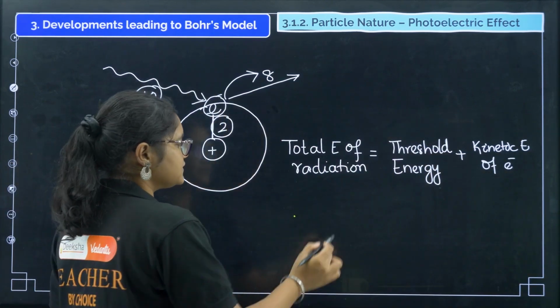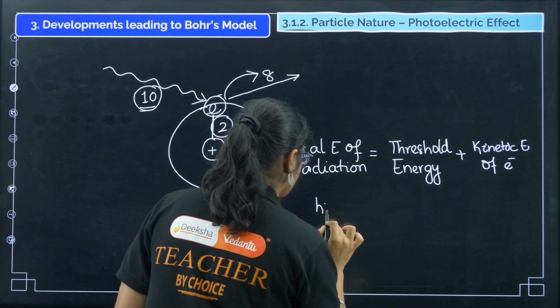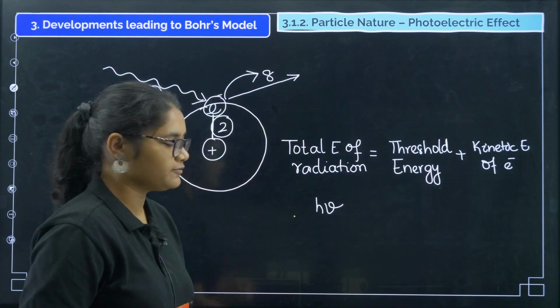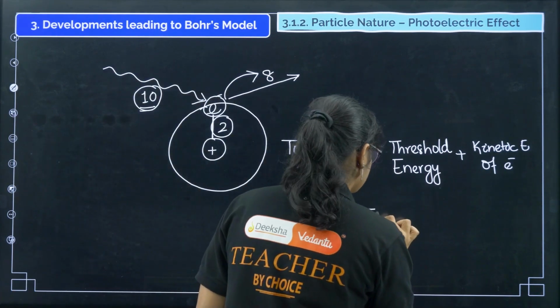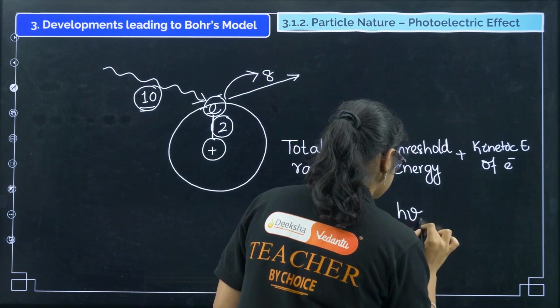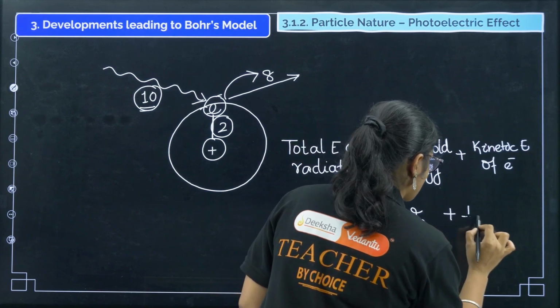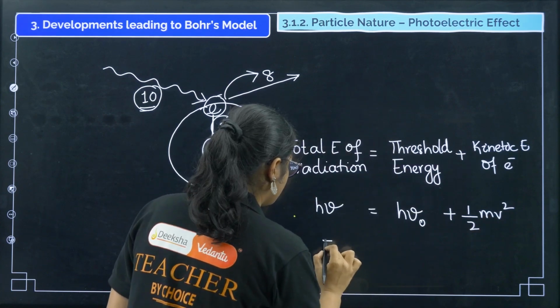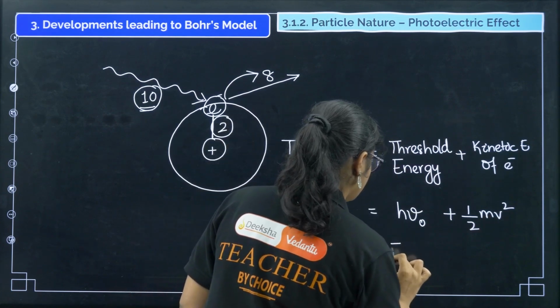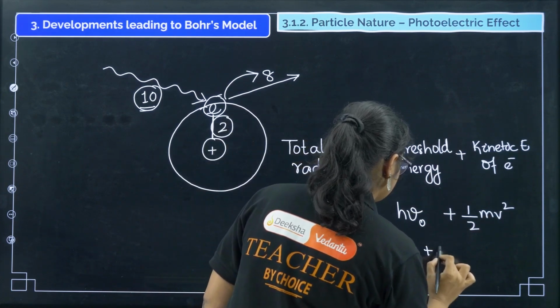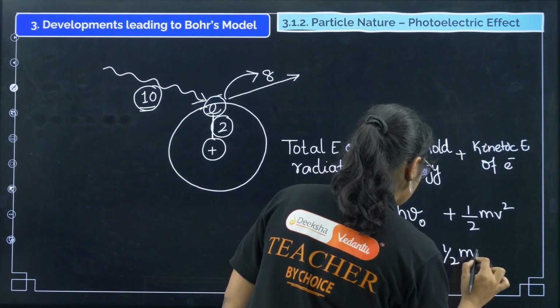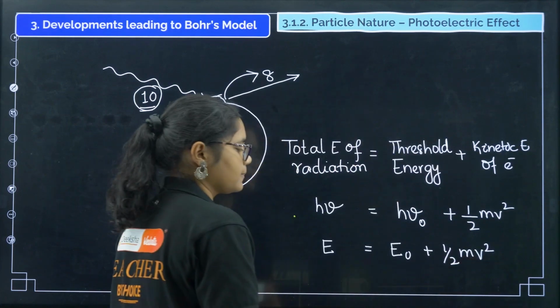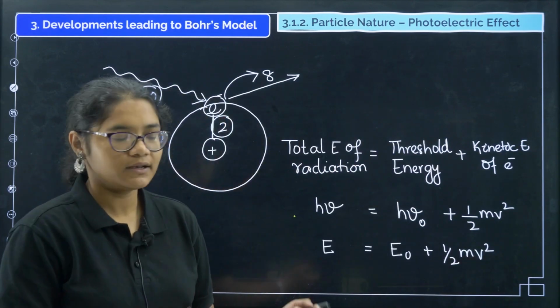The total energy of radiation is h nu, the threshold energy is h nu 0, and the kinetic energy is half mv square. Or we can write it like E equal to E naught plus half mv square. Clear? Got it, this one?